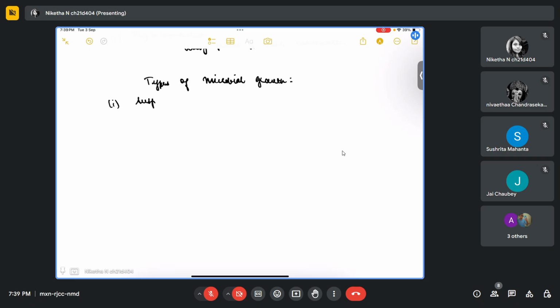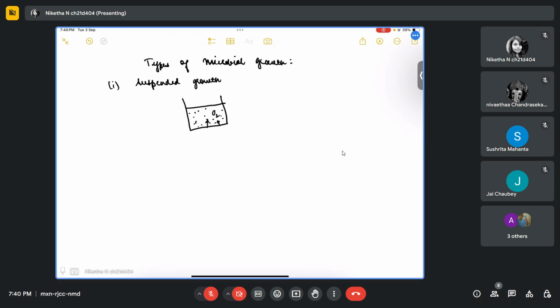Okay, you can have suspended growth. Suspended growth means that you have wastewater and your microbes are suspended, and they are also supplied with oxygen. So we use some aerators and we supply oxygen, and the microbes are in suspension, and while in suspension, they degrade the organic matter.